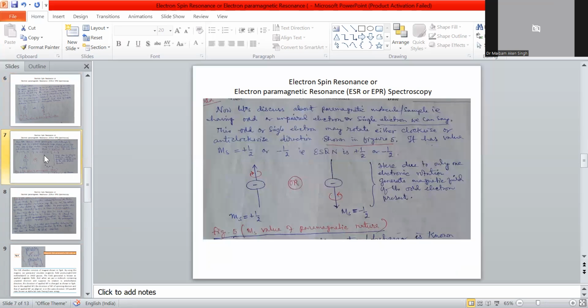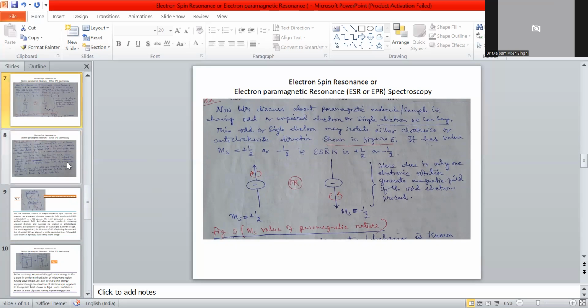Now let us discuss the paramagnetic nature of a substance having an odd or unpaired electron, that is a single electron. This single electron may rotate either clockwise or anti-clockwise. As shown in figure 5, only one electron may be clockwise or anti-clockwise, so the electron spin quantum number may be plus half or minus half depending on the rotation. Such magnetic behavior is known as paramagnetic nature.